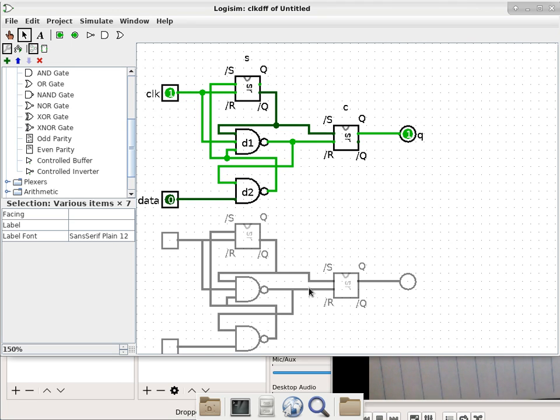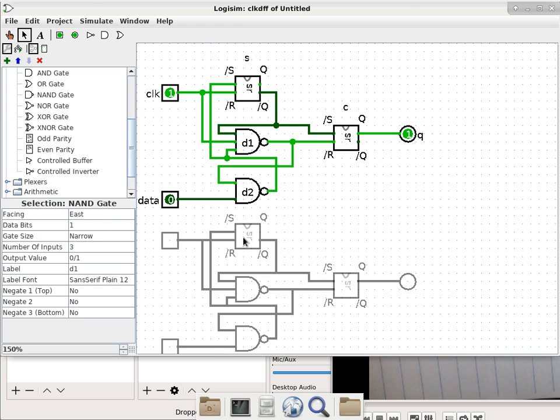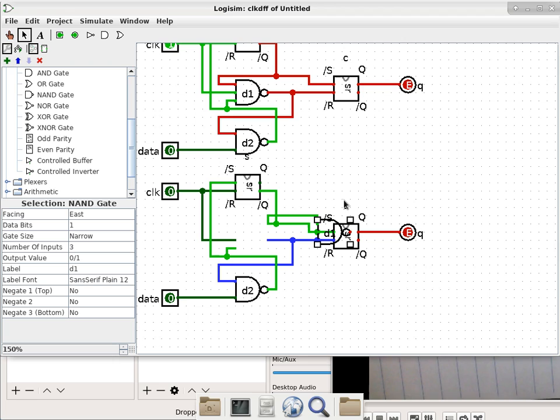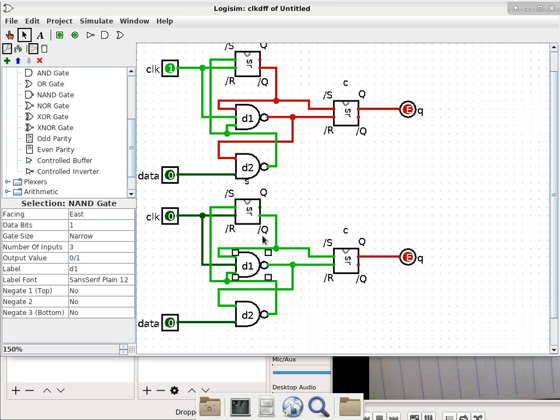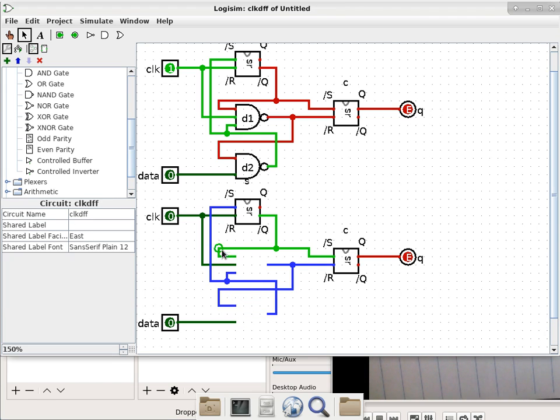Okay, so what we want to do is... okay. So what we will do is we're going to take out these 2 guys and most of the wires. Control Z, selection tool.